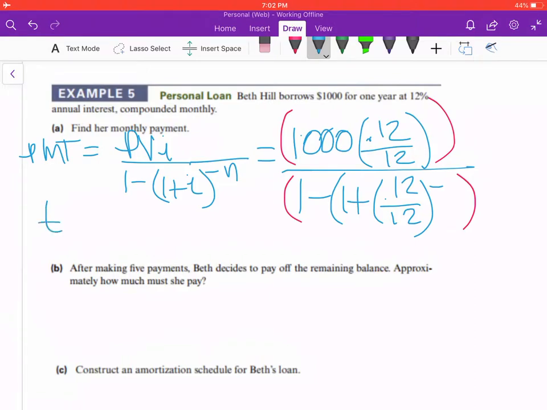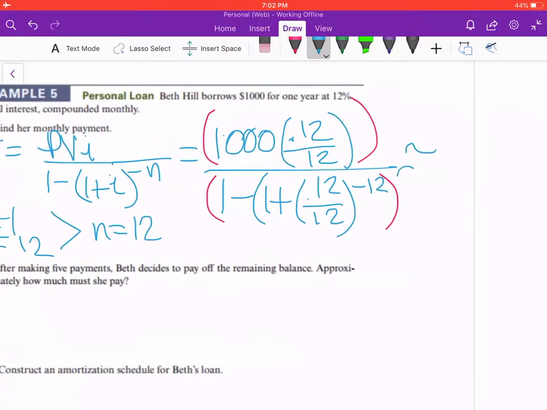And here we're talking about t equals 1 and m is equal to 12. So because of that, n will equal 1 times 12, which is 12. So the exponent here will be negative 12, and that will give you a payment of $88.85.